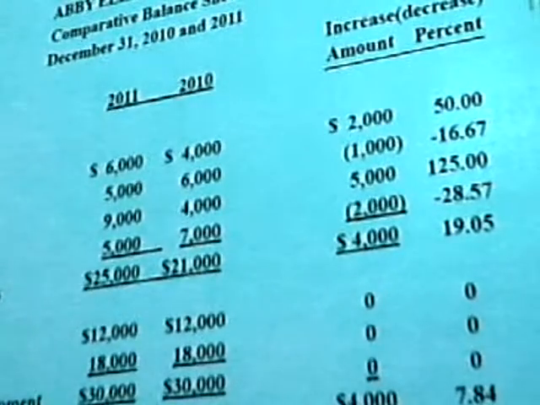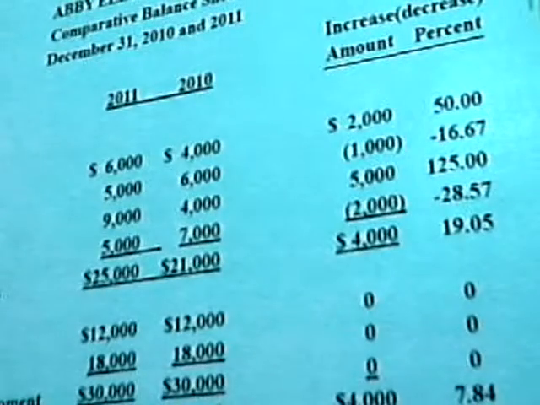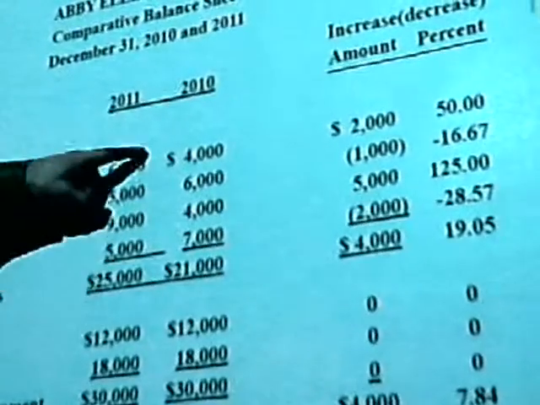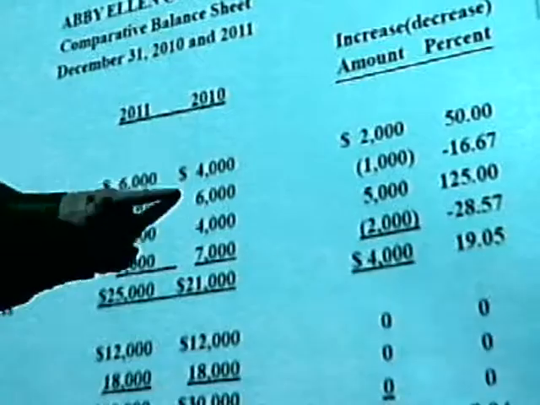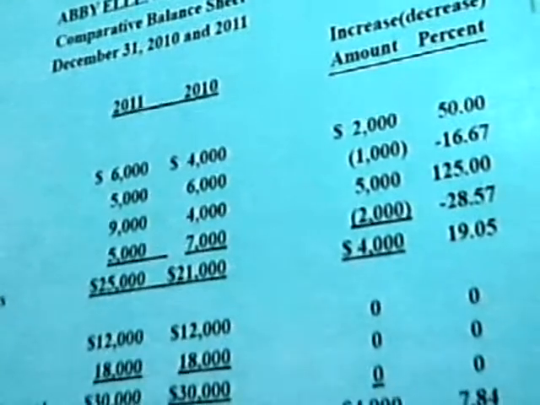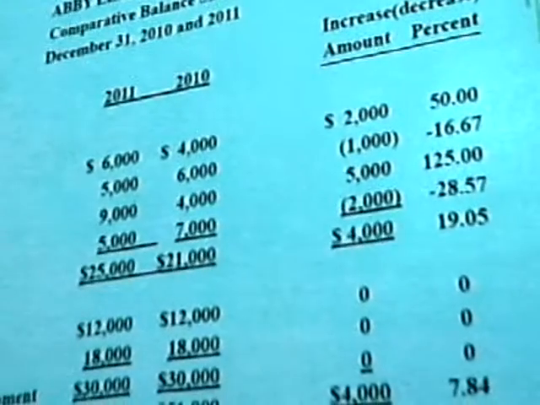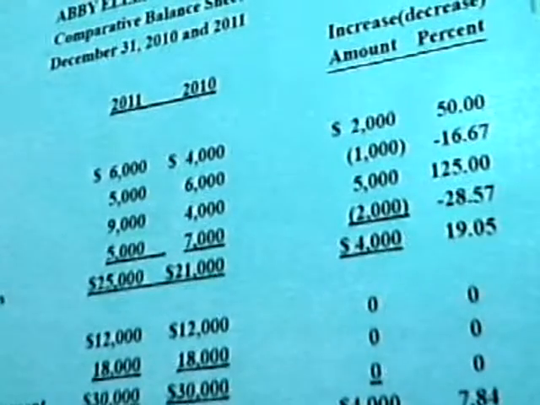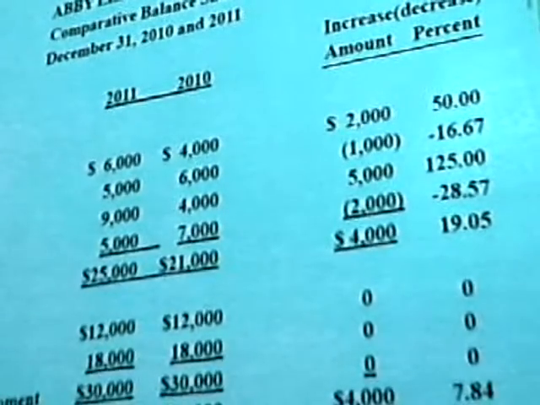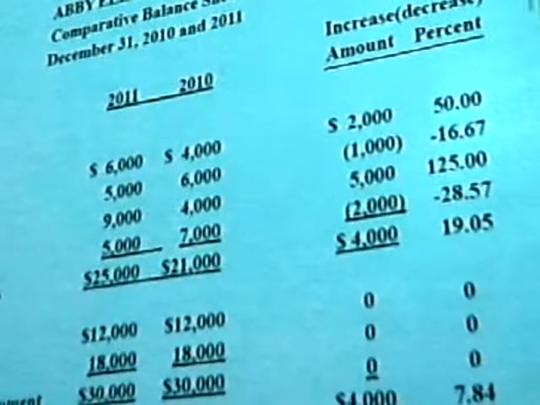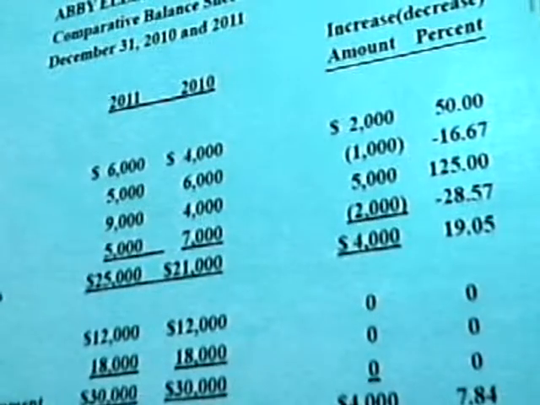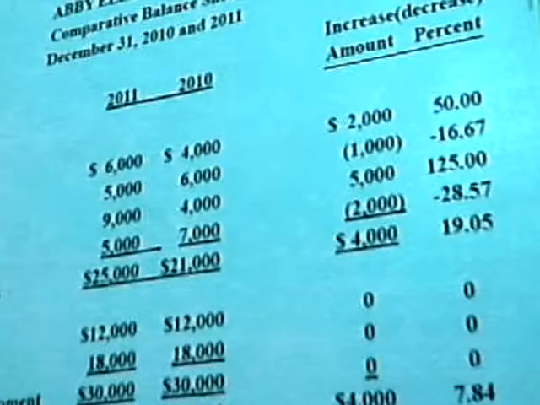It's a negative, it just doesn't have the minus sign. It says 1,000 over there, but it didn't have the minus 1,000, it has it in parentheses. Oh, yeah, that means negative. In accounting, if you see it in parentheses, that means negative. Oh, I didn't know that. That's why I was asking.